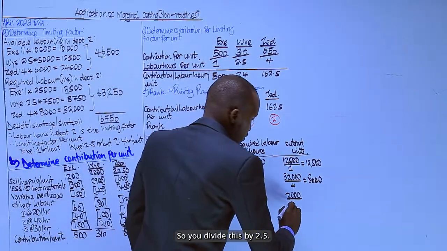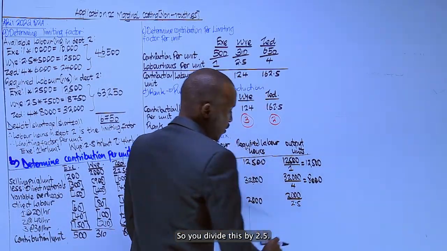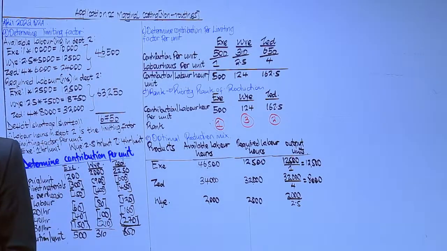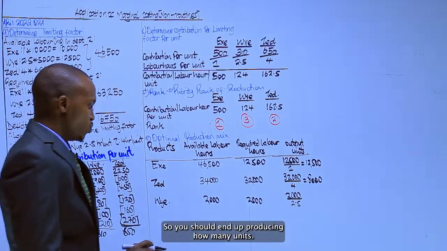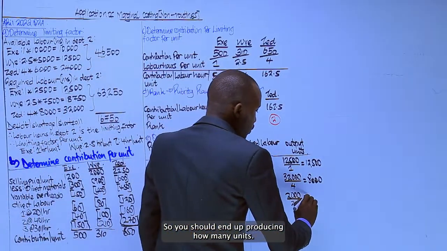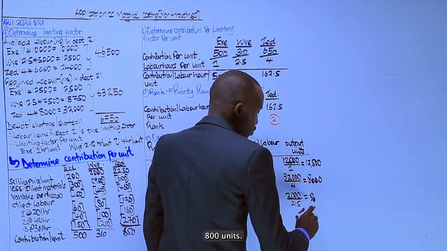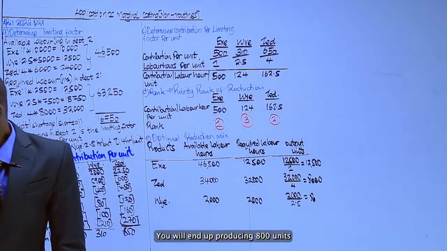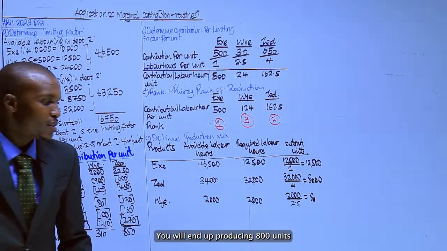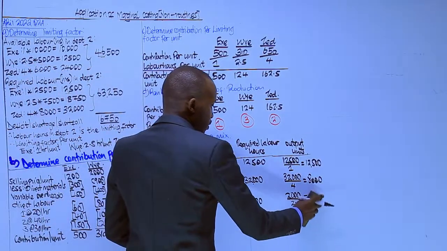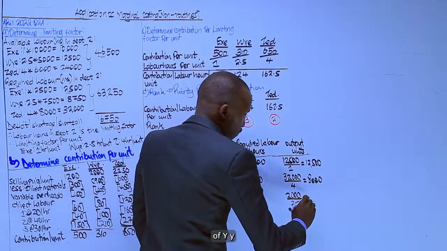So you divide this by 2.5, and you should end up producing 800 units of Y.